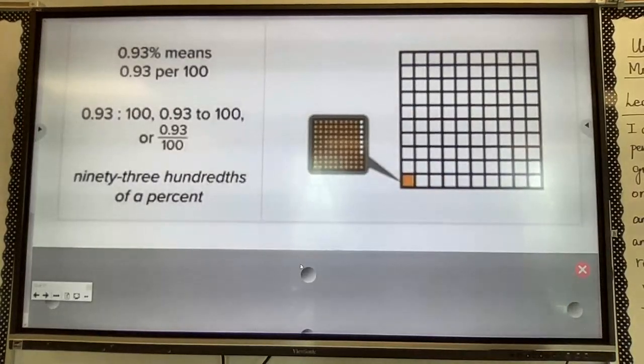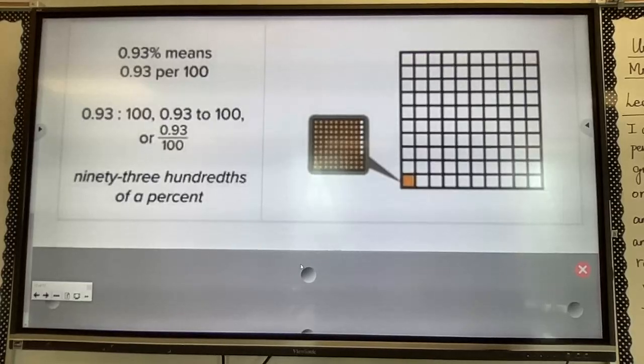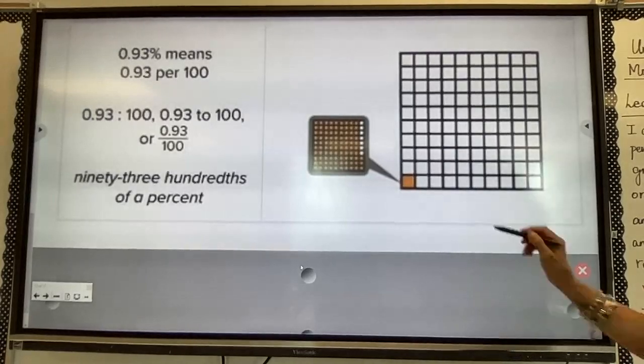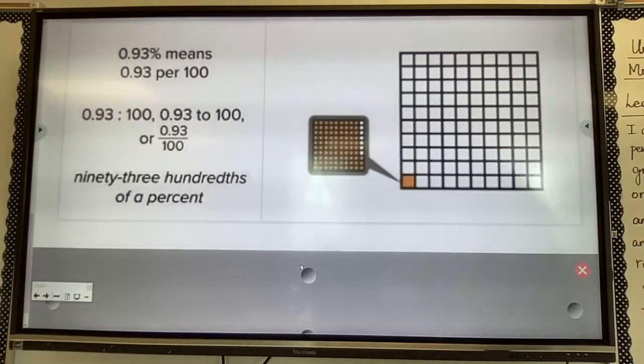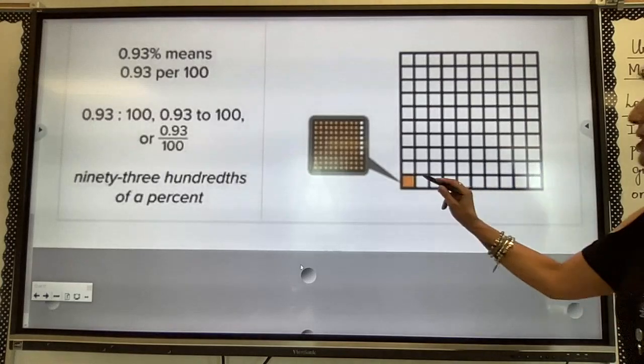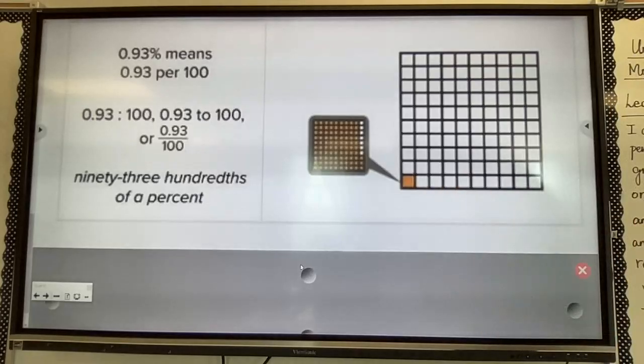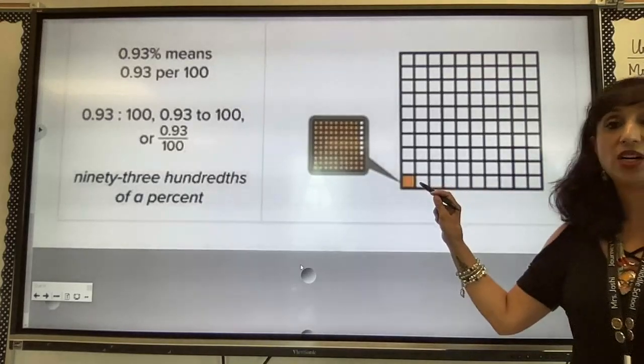93/100th. Okay? So on a 10 by 10 grid, 93/100% is represented by shading 93/100 of 1 grid square. And 1 grid square represents how much? 1%. And 93/100% is less than 1%. So compared to 100%, 93/100% is significantly much smaller.